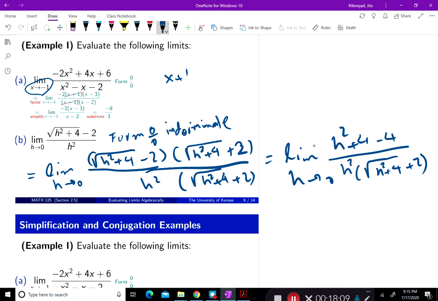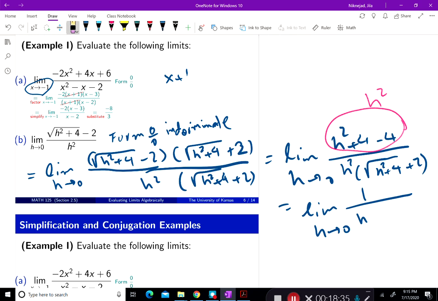Now, this term is going to be h squared. And so there is an h squared in the bottom and h squared on top, and I can simplify that, again using that statement. And still, because we're just changing the domain by 0, we are going to have the same function.